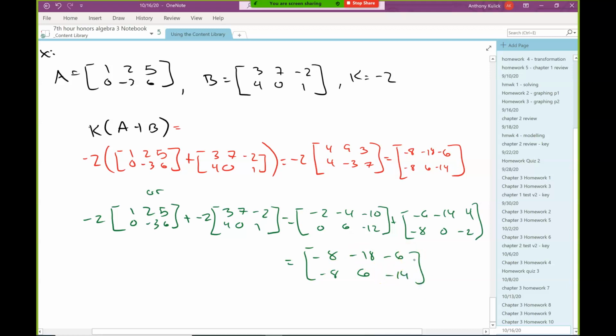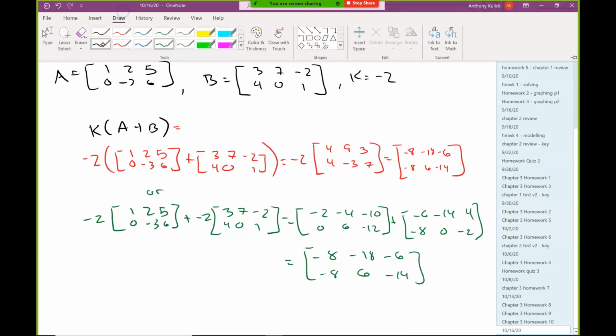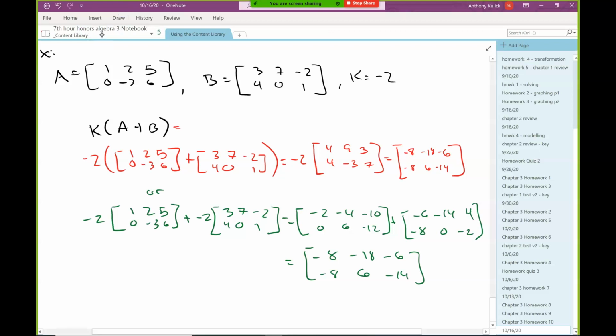It doesn't matter. That's the point, right? That's the beauty of the distributive property. You can kind of do whichever one seems the easiest. To me, adding first and just doing one scalar multiplication seems much easier than doing two scalar multiplications and adding. But, you know, whatever floats your boat, man. That's cool. Is that okay? Okay.